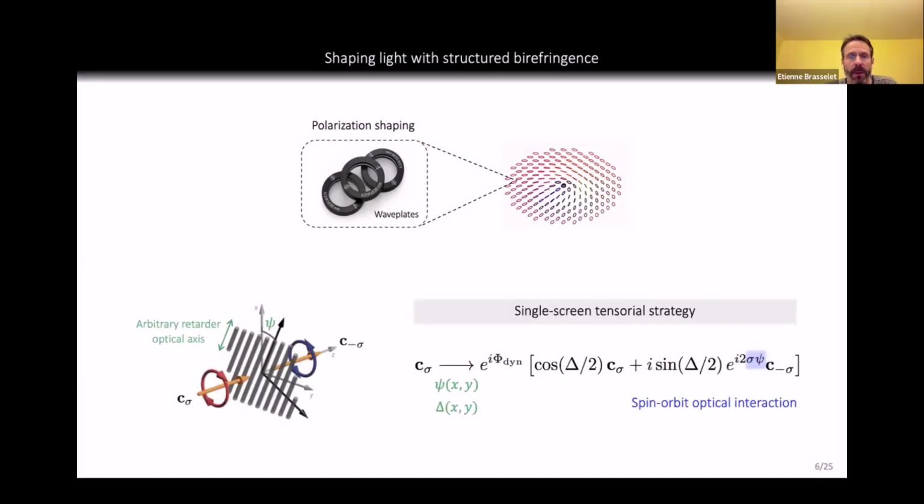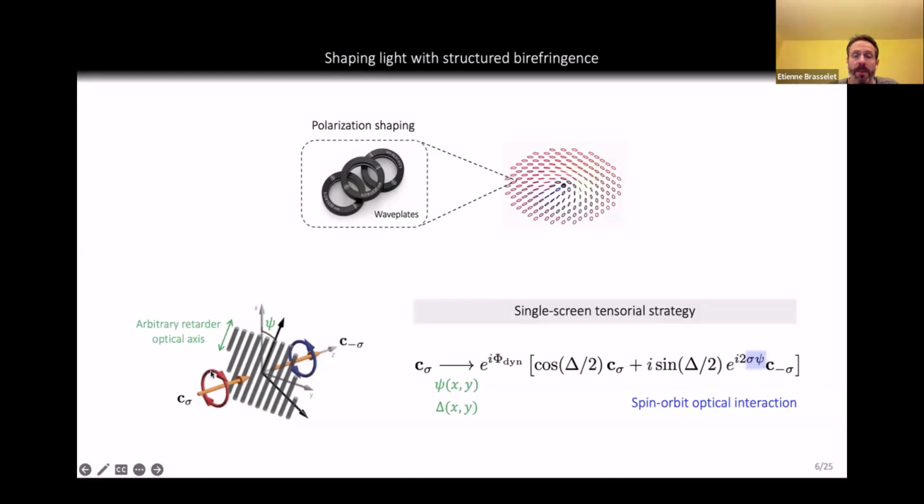To make it simple, instead of using a set of wave plates, the idea is to use a given arbitrary retarder that will allow to access from a given incident polarization state the desired output local polarization state. This can be done using a local retarder with the appropriate birefringent phase retardation, here written as the parameter capital delta, and appropriate orientation psi.